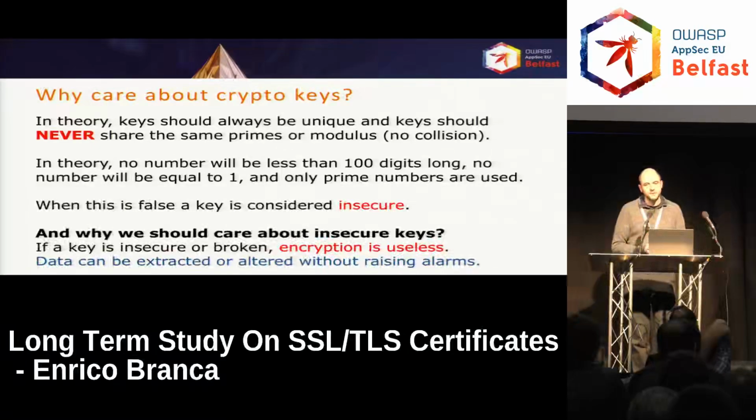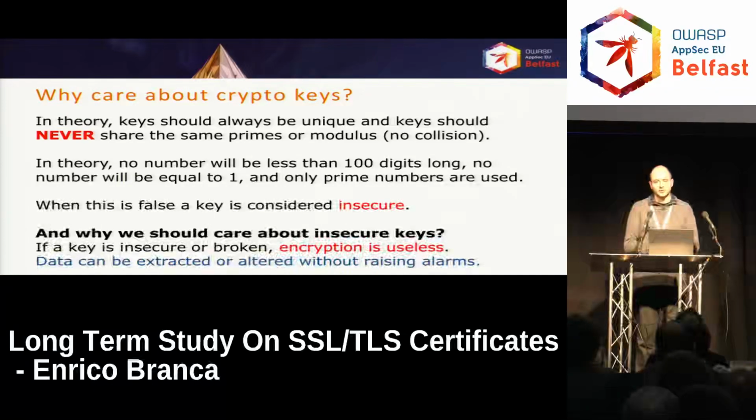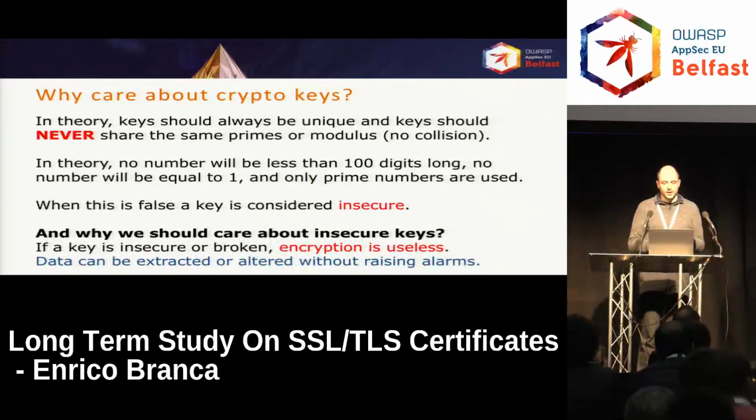So what happens? If any of these conditions is false, then we have something that is called a collision. If 2 keys share a number, or if 1 key has a number that is not prime, they are insecure. They cannot be used. If they're used, they have to be regenerated.